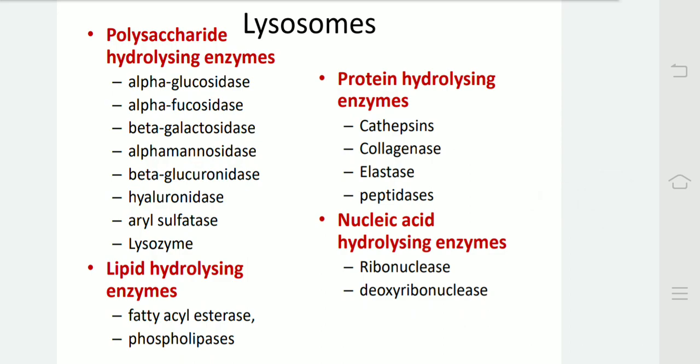The lysosome contains the following enzymes: polysaccharide hydrolyzing enzymes, protein hydrolyzing enzymes, nucleic acid hydrolyzing enzymes, and lipid hydrolyzing enzymes. Thus, we can see that lysosomes are nothing but a bag of enzymes.